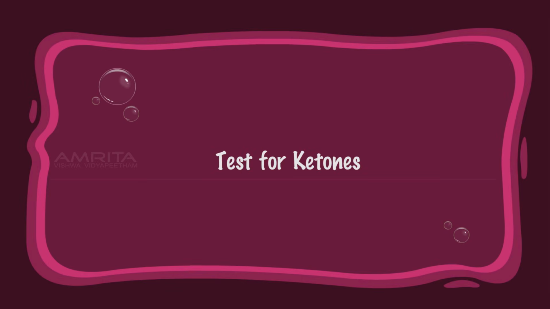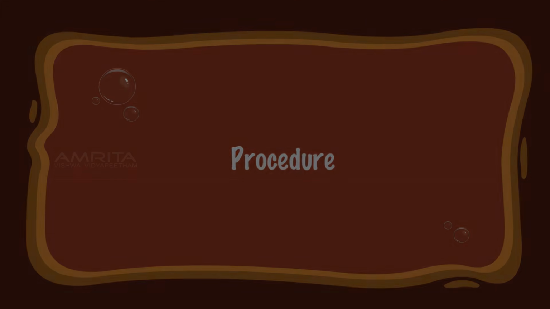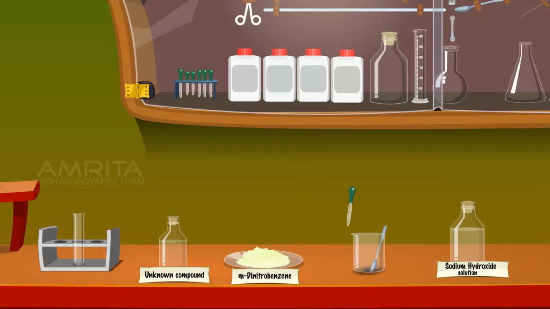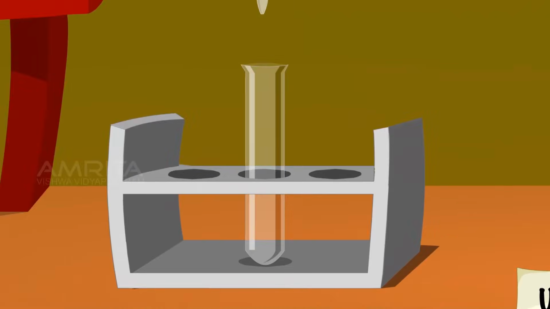Tests for ketones. m-Dinitrobenzene test. Procedure. Take some drops of given liquid using a dropper. Pour it into a test tube.